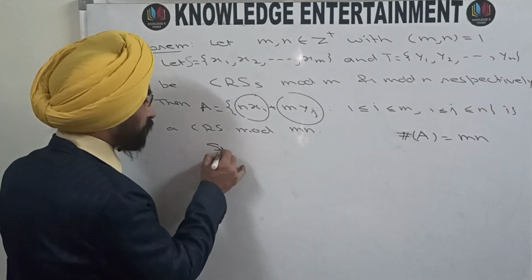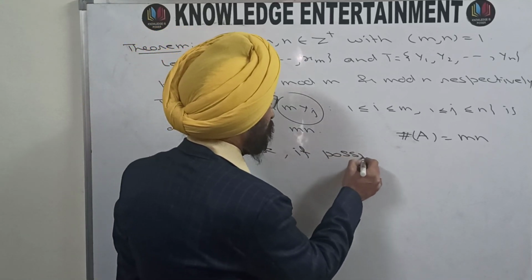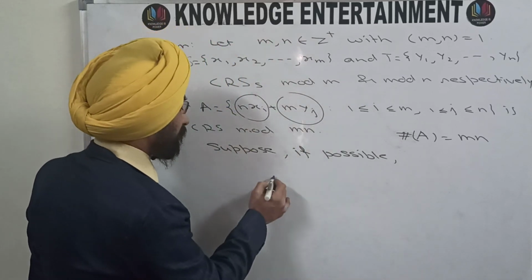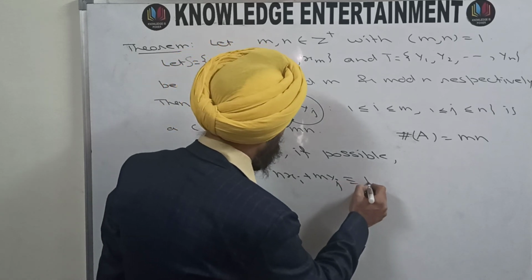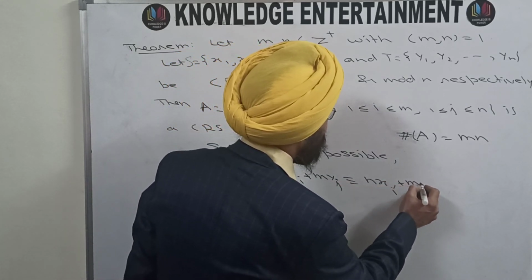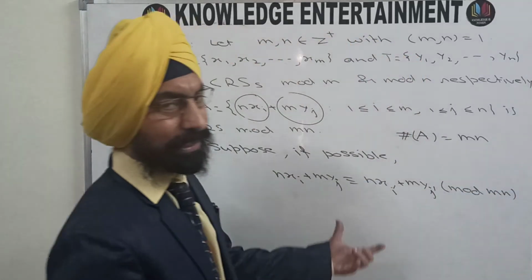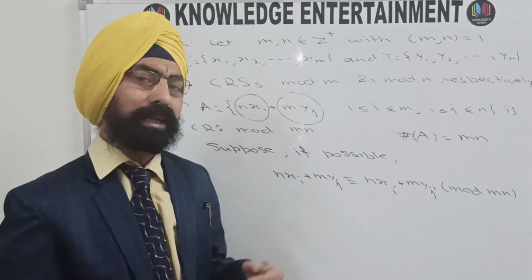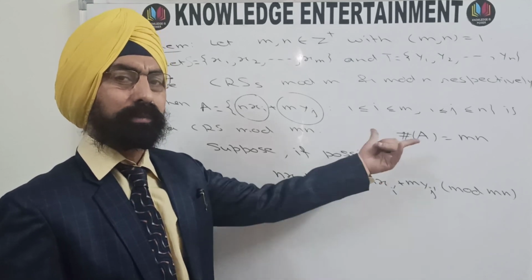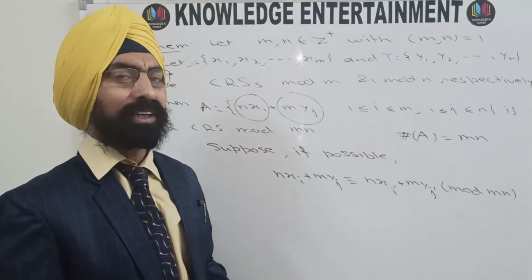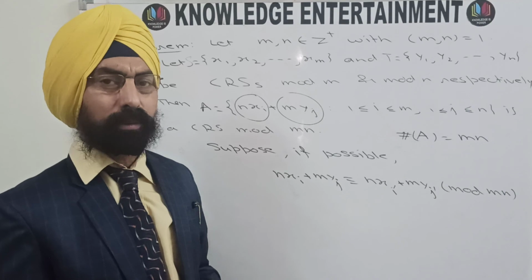So suppose, if possible, there are two members: n xi plus m yj, which is congruent to n xi dash plus m yj dash modulo mn. And I'll arrive at a contradiction proving that this is not possible. And this not being possible means a set of mn elements having no two members congruent to each other modulo mn, which means the set is a complete residue system modulo mn.